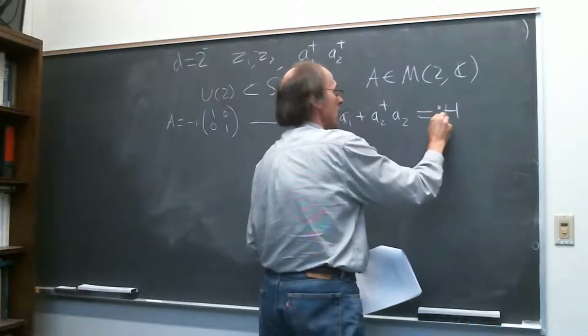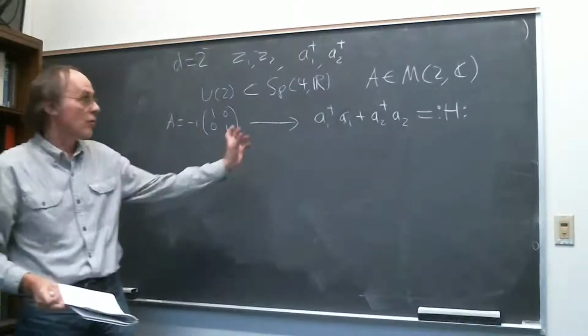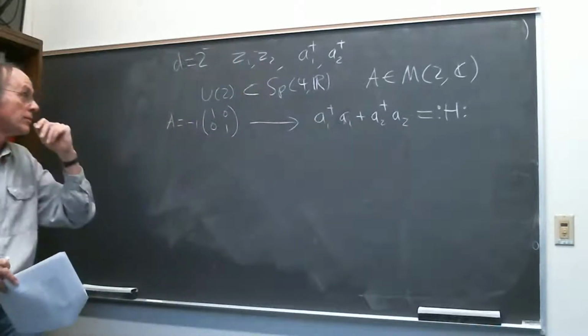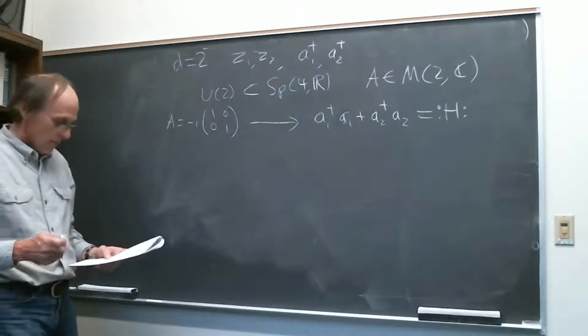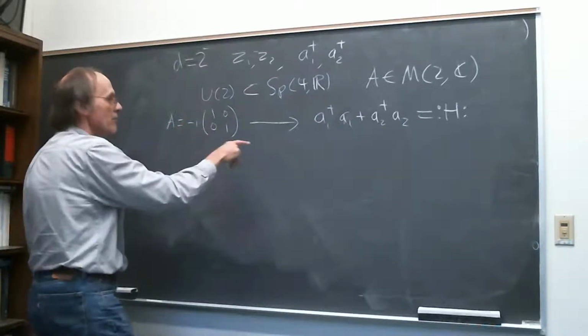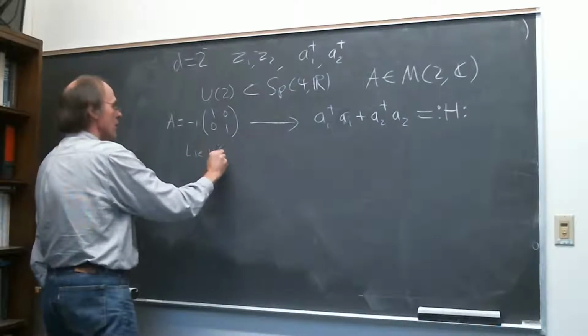But again, it's the normal ordered version of the Hamiltonian, so when you normal order, you lose these halves.